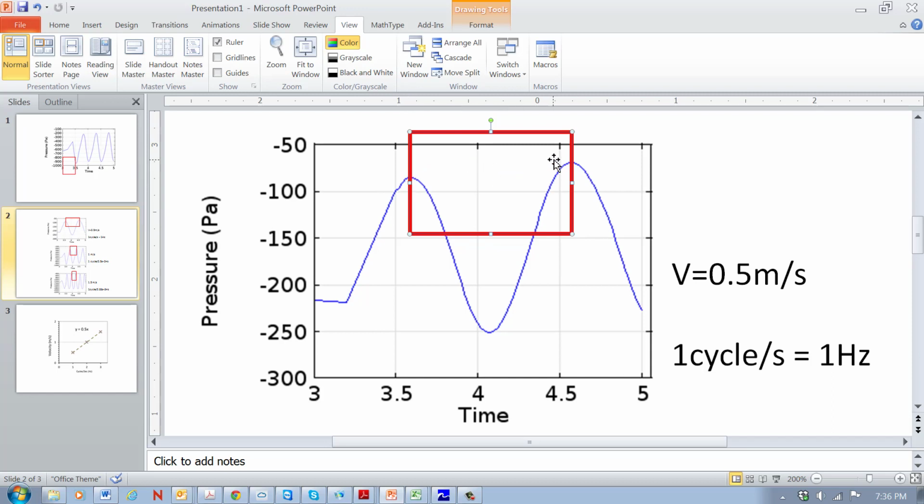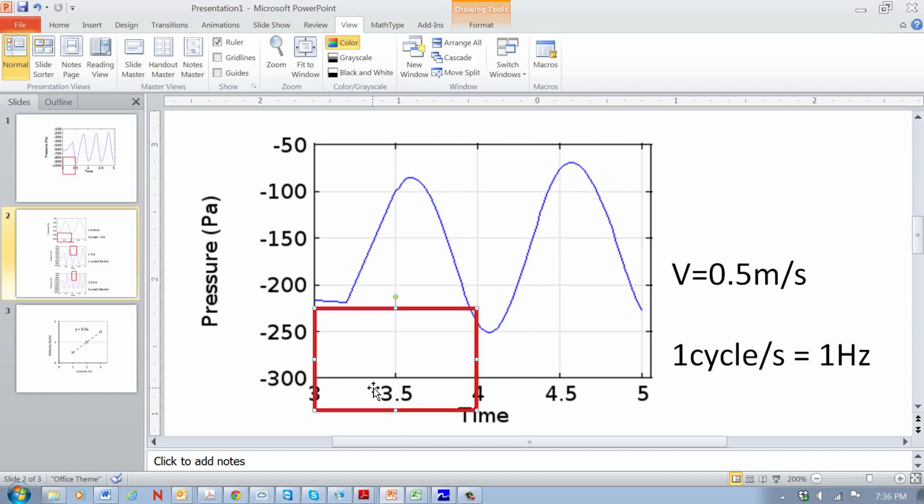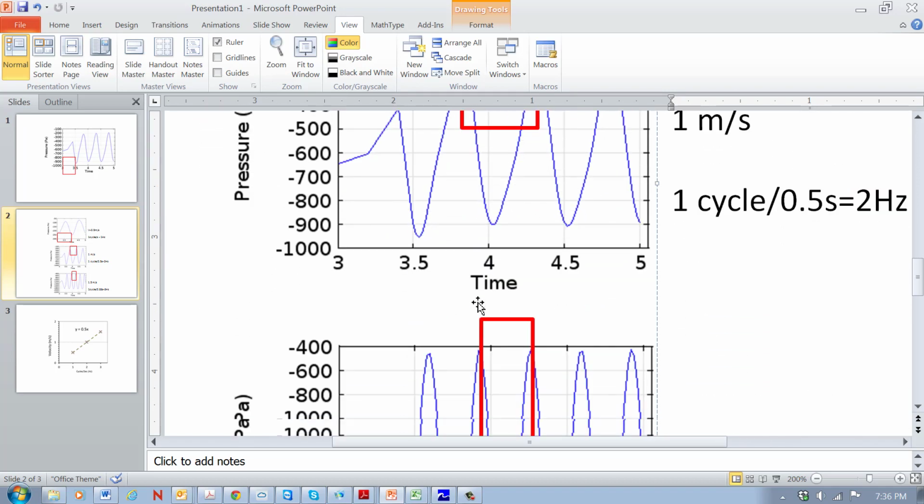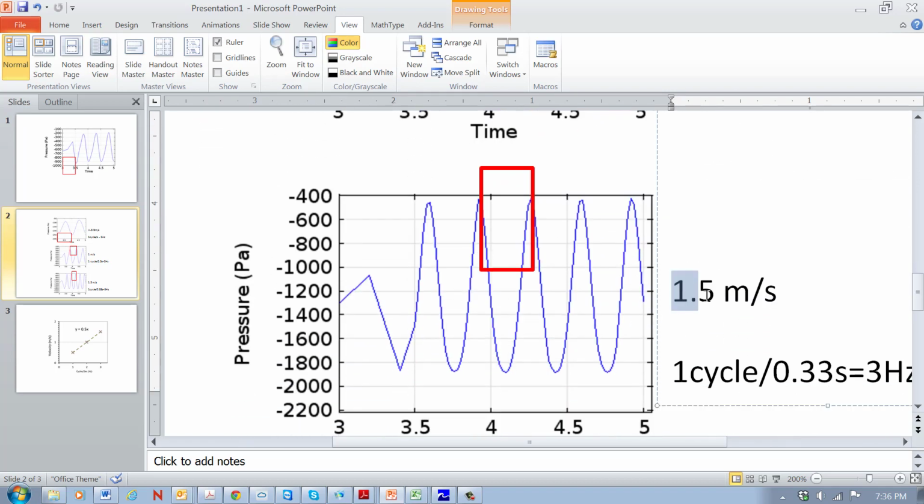So there's peak to peak. We measure that, take it down here to the time scale, and you can see that's just about exactly 1 second. So the frequency is 1 cycle in 1 second, or 1 hertz. And I can go down here. This is a faster flow rate, 1.5 meters per second.